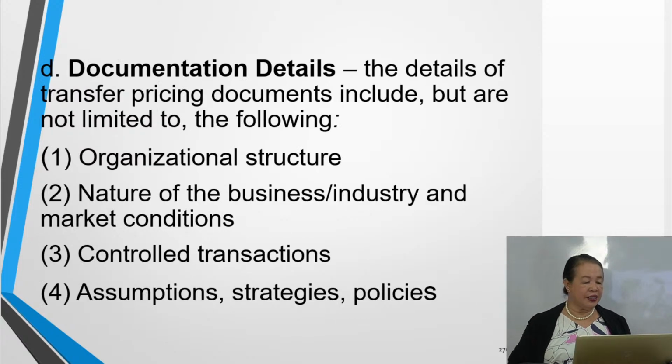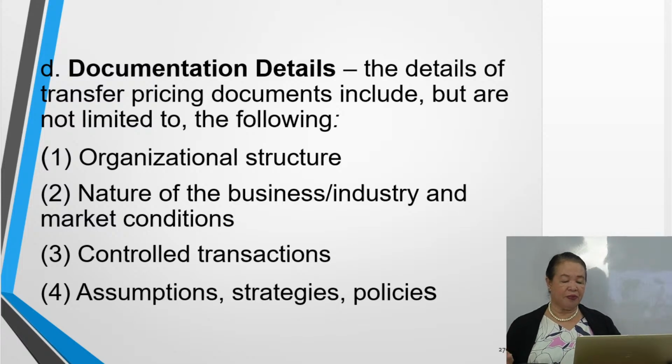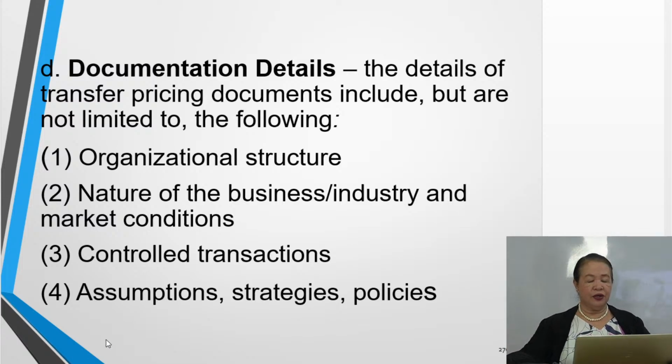So what are the example of the documentation? These are the details. No? The details of the transfer pricing documents include but are not limited to the following. Number one, the organizational structure. So kasama po yan sa submit. No? The organizational structure, the nature of the business or industry and market conditions, the controlled transactions, assumptions, strategies, or policies, no?